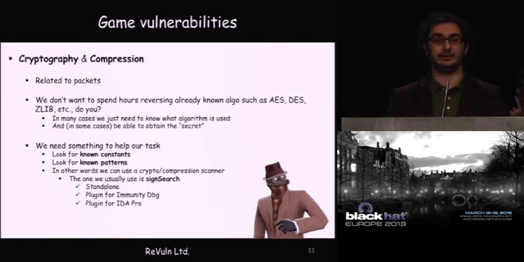The problem is that usually games tend to use a customized version of these algorithms, so usually tools are not enough. In this scenario, what we need to do is use our eyes and go through the disassembly of the game.